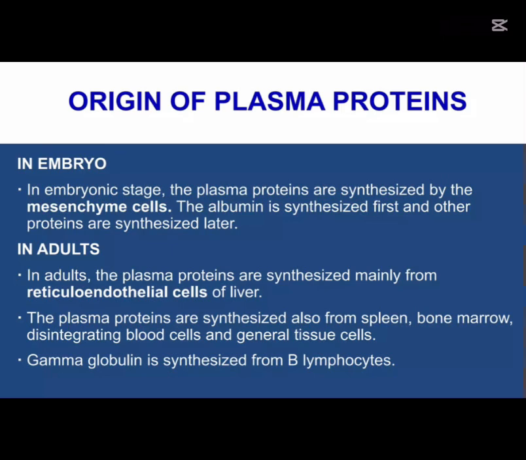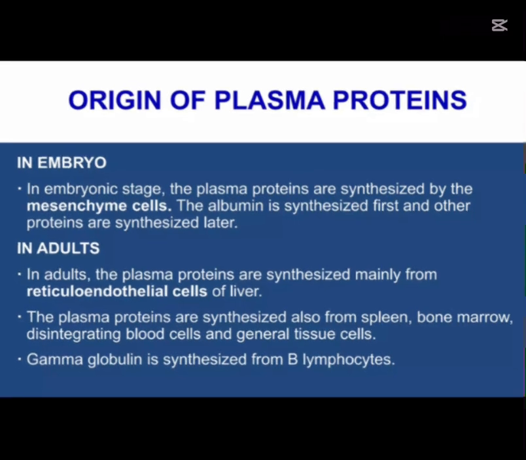But with time, plasma proteins are also formed by the spleen, bone marrow, and sometimes other tissues too, while gamma globulin is formed by B lymphocytes, which become our antibodies.